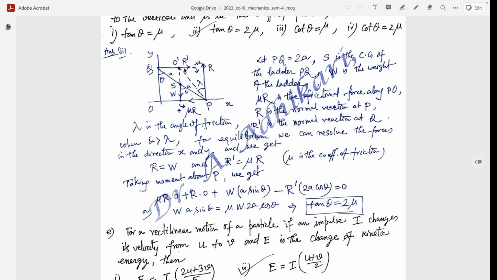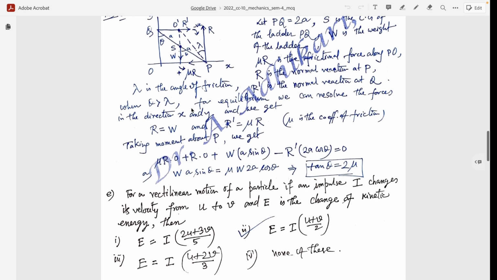And R dash is the normal direction at the point Q, along the x-axis, and obviously this equals mu R, the frictional force, which is opposite to the direction of the x-axis. So in the position of equilibrium, R dash equals the mu R force. Mu is the coefficient of friction.